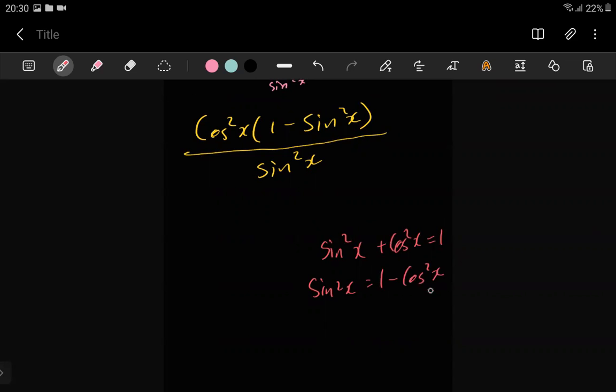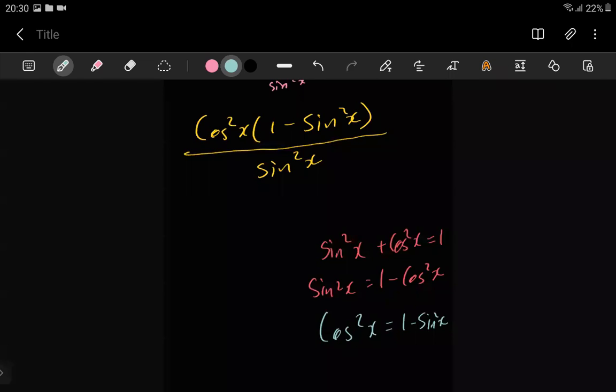Another way is if you leave the cos squared x on one side, you're going to have 1 minus sine squared x. Do you get it?